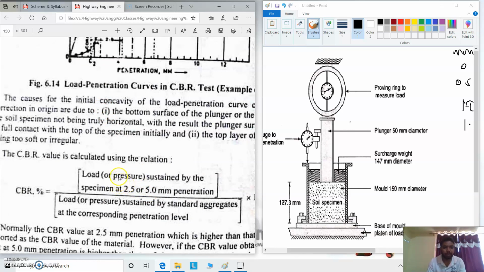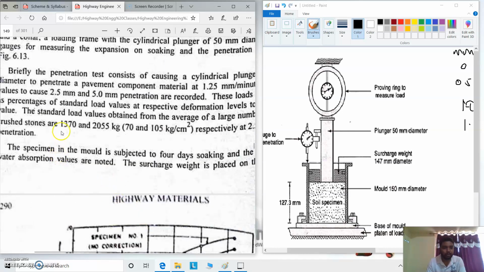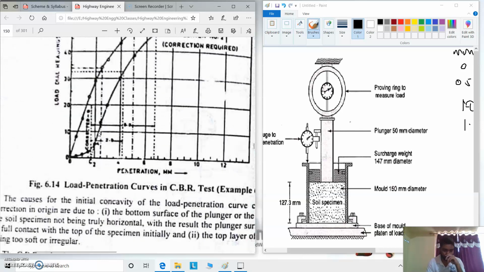Say, for example, a particular specimen sustained 50 kg of load at 2.5 mm penetration, and the load sustained by standard aggregate at the corresponding penetration, already discussed, is 1370 for 2.5 mm penetration, and for 5 mm penetration we consider the value 2055.